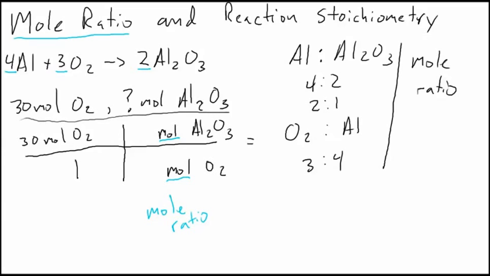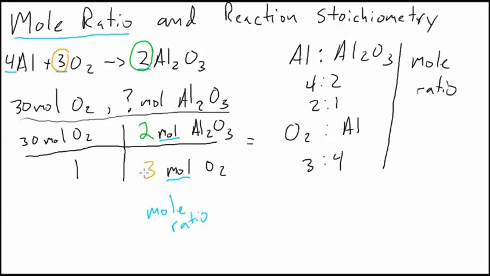We're going to look up at our equation, and aluminum oxide's coefficient is 2, so we're going to put a 2 with the aluminum oxide. And oxygen's coefficient is 3, so we're going to put a 3 with the oxygen. You see how that works? This is the mole ratio between aluminum oxide and oxygen.